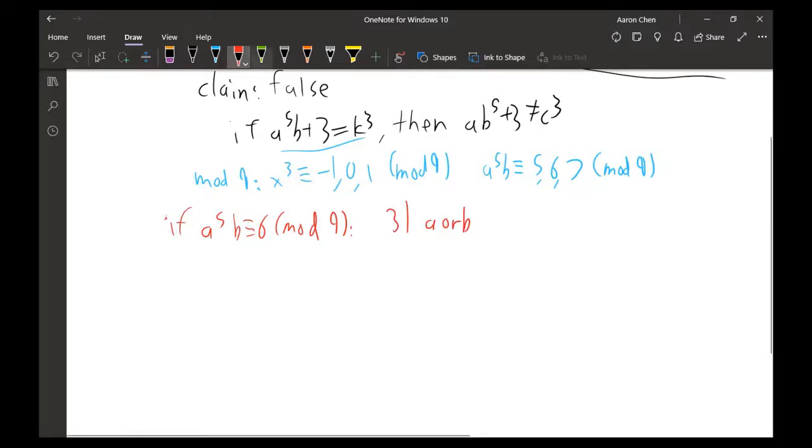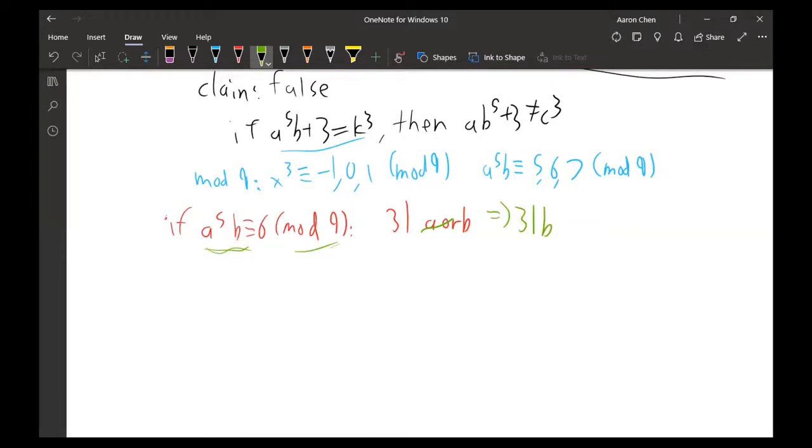But 3 obviously cannot divide both, because otherwise a to the 5th times b would be divisible by 9. Similarly, a also cannot be divisible by 3, because if it were, then 3 to the power 5 would divide this, and so it definitely would not be 6 mod 9. So that means that 3 divides b.